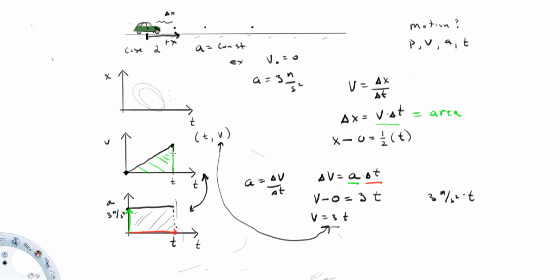Times the height is this distance. That's what we're calling v, which is equal to 3t. And that's going to give us our function here. Really, that's all there is to it. We clean this up. This is going to read x equals 1.5t squared by the time we do one half times 3. And it will work out dimensionally to meters.